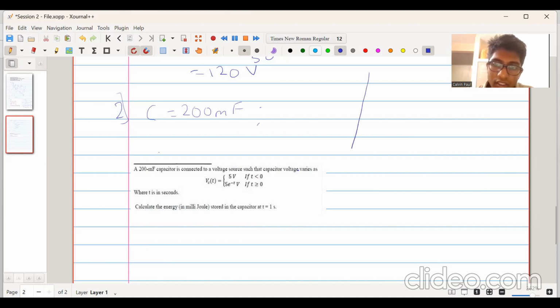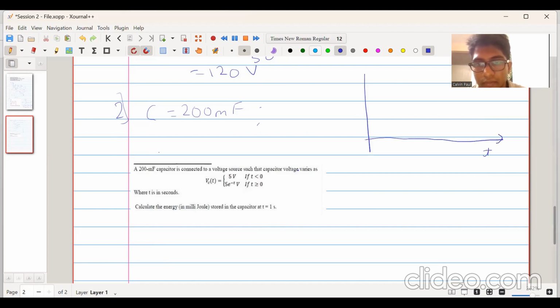Let me draw a plot. This is t and this is the capacitor voltage Vc of t.